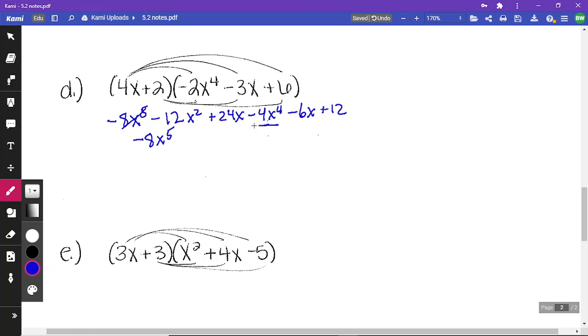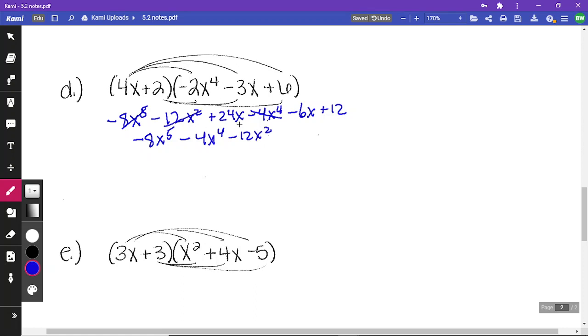So we write that one next. Okay, so you just have to look around for the next highest exponent. So negative 4x to the 4th. Okay, now we're done with that one. Cross it off. And then there are no x cubed. So now the next one is x squared. So minus 12x squared.